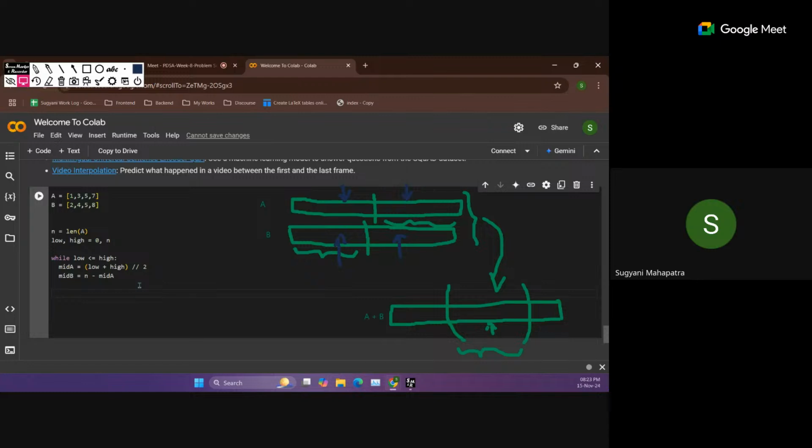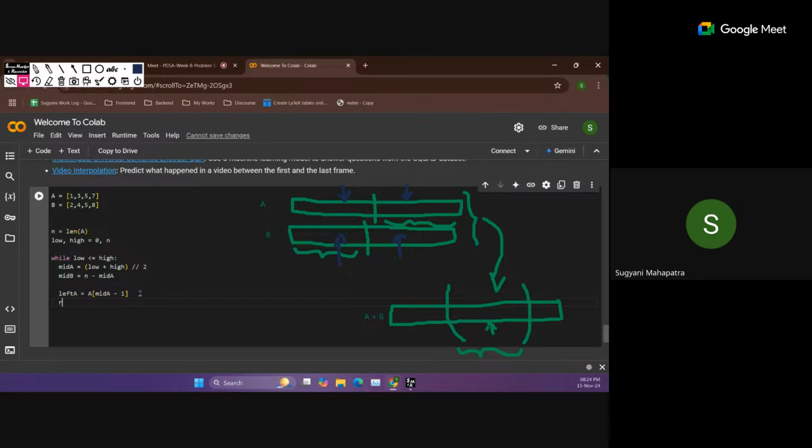For this particular case, let's just go with left of A as equal to A of the middle element minus 1. This is fine, right? Just the previous element and the next element. For this middle element, whatever is the middle index, we will take the element previous to that and the element right to that.